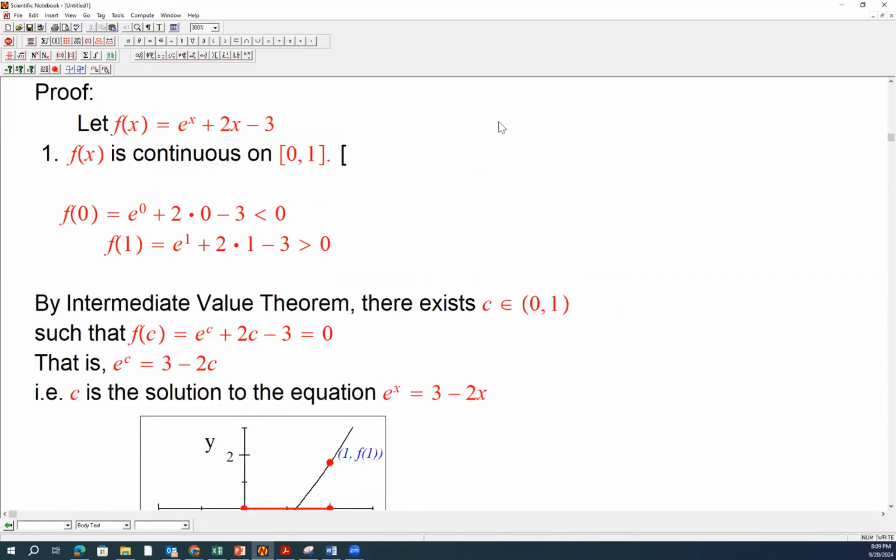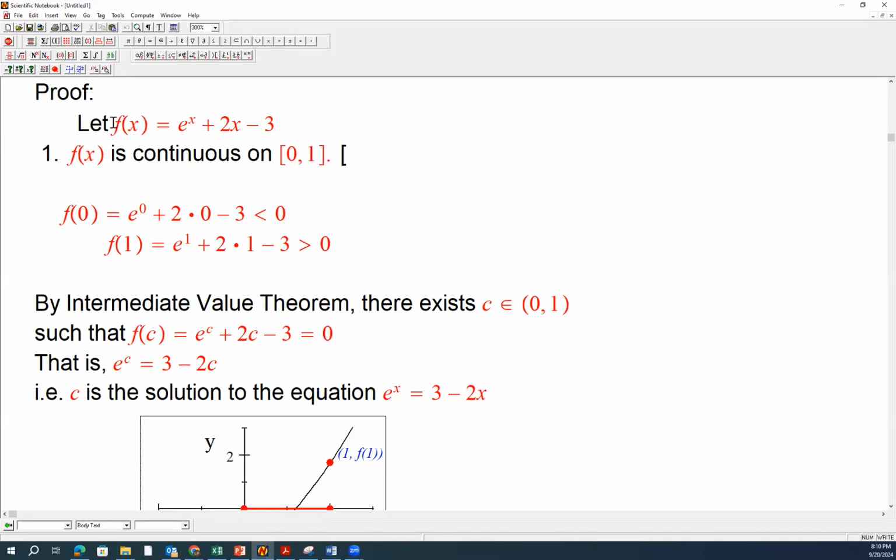But this is what you can say: because f of x is the sum of an exponential function and a polynomial, and the sum of these two functions is continuous, guaranteed by theorems, it is continuous on the entire number line. If it is continuous on the entire number line, of course it is continuous on the closed interval.